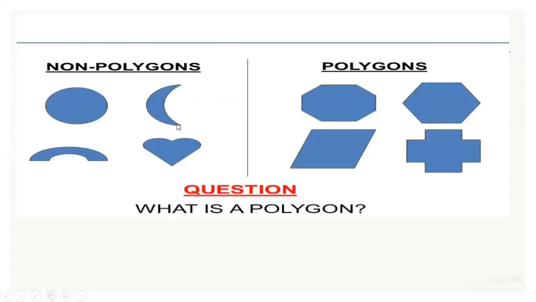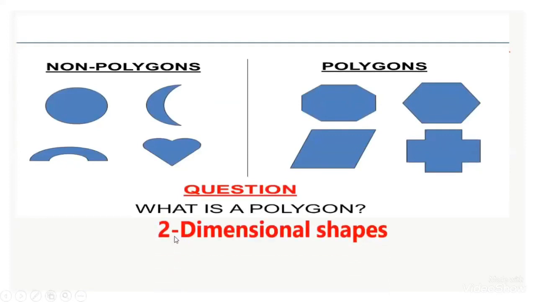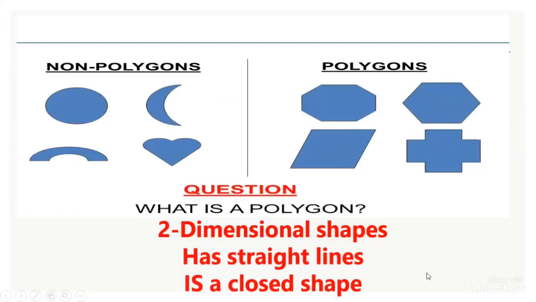It's not a polygon because it has a curve. The circle, the rainbow and the heart are non-polygons because they have curves. Polygons are like this shape on the right side. What is a polygon? A polygon must be a two-dimensional shape. If I ask you about a box or a cube, it is not a polygon because it is 3D. It must be 2D, has straight lines and is a closed shape.